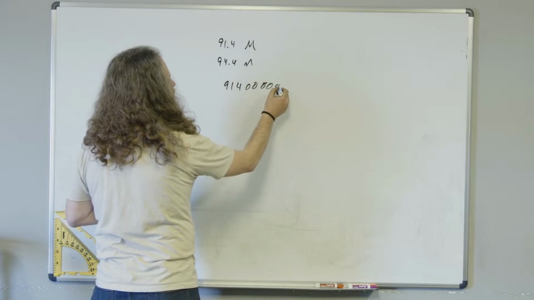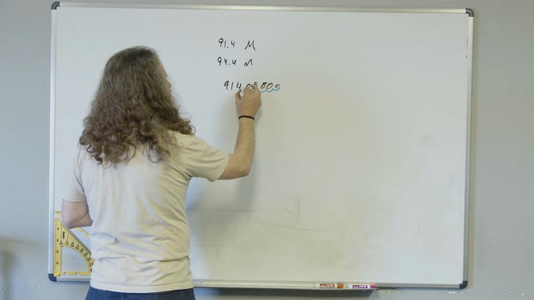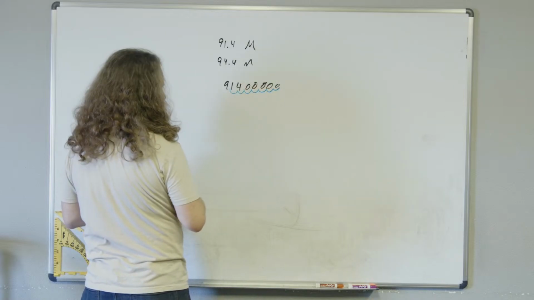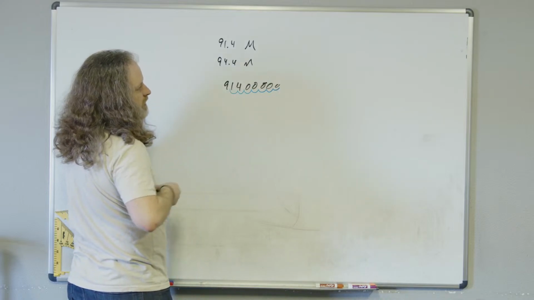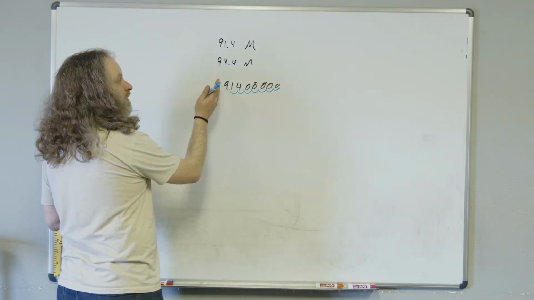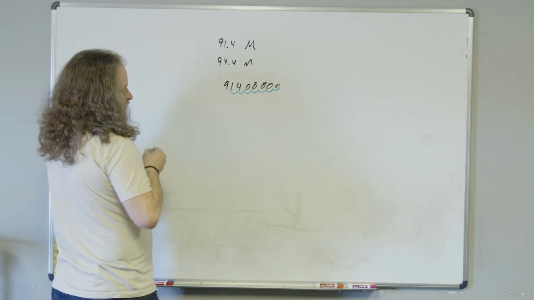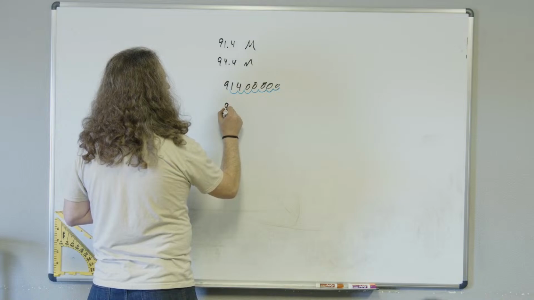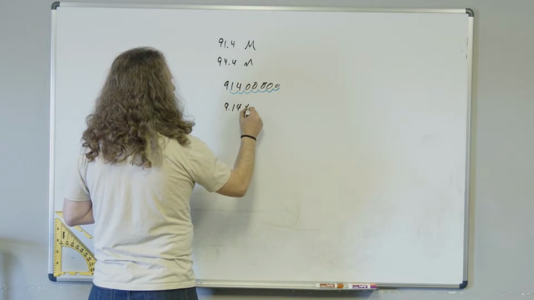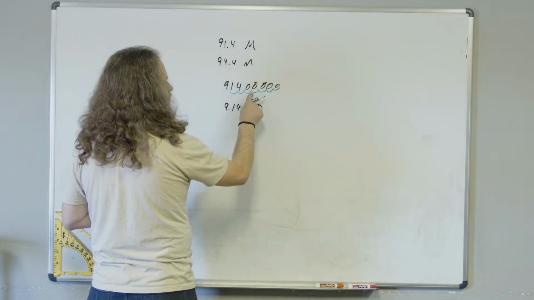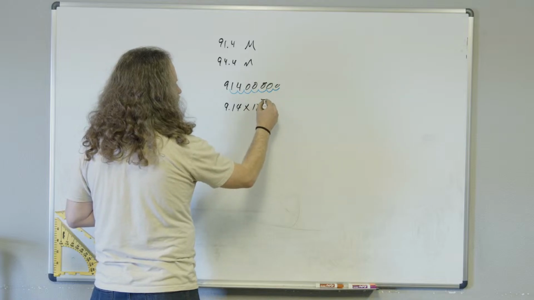Well, remember to do proper scientific notation, it has to be to the right of the first non-zero number. So it's got to be 9.14, right? So give me the times 10 to the 1, 2, 3, 4, 5, 6, 7.